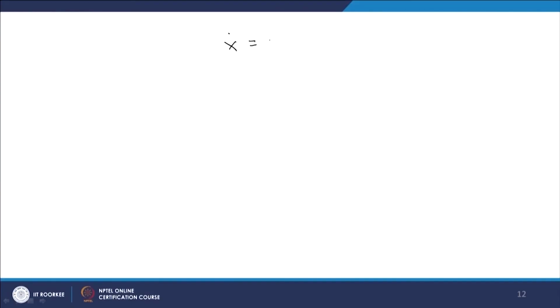But here there is one important issue which you might have identified. Here the controller has been designed based on Ax plus Bu. There is no role of y equals to Cx that we have observed.